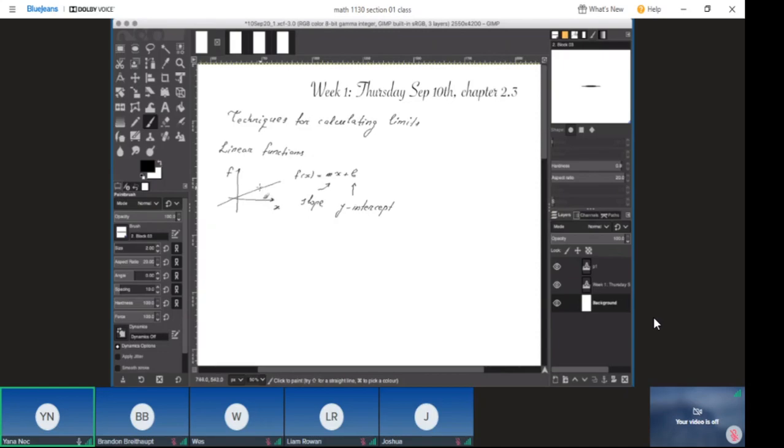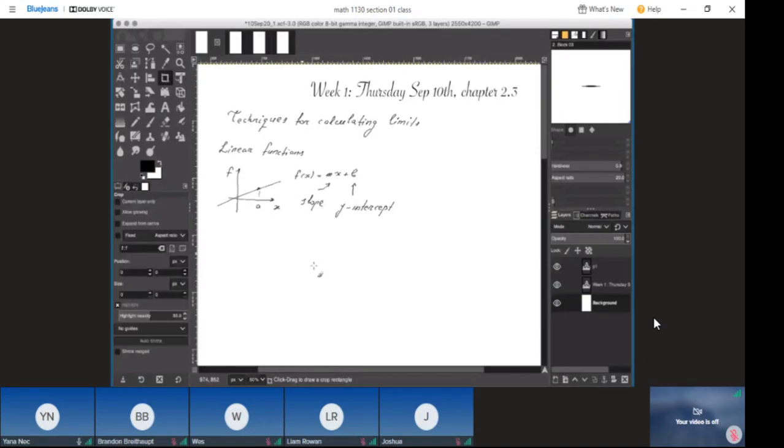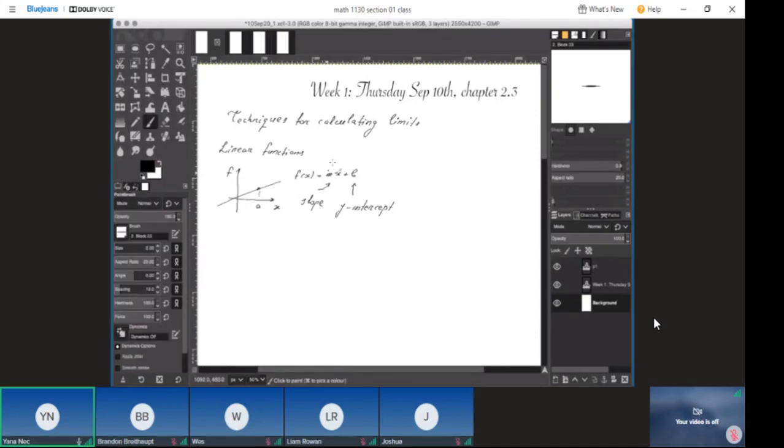Then if we designate a point A, just like last time, right? So to calculate a limit, we need to designate a point where we want the limit. Then we can approach A from the right or from the left, and following the function is very easy.